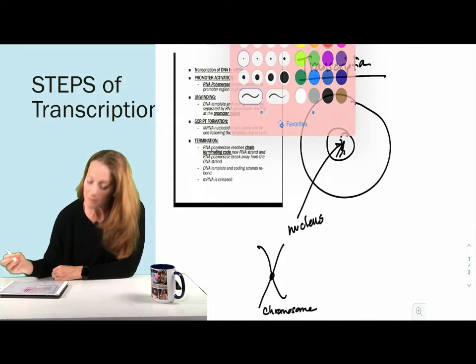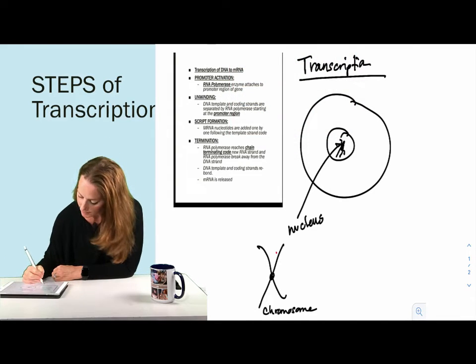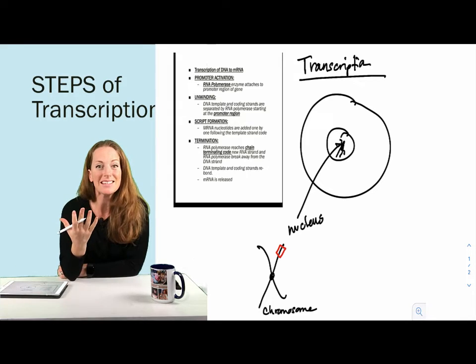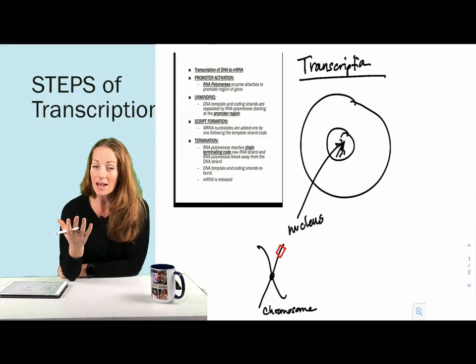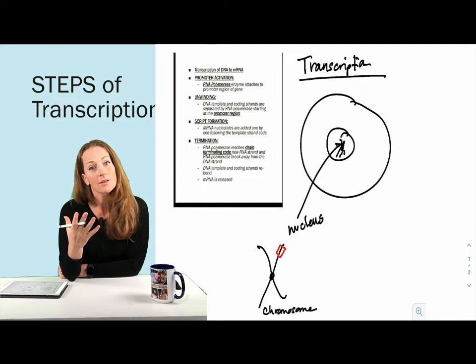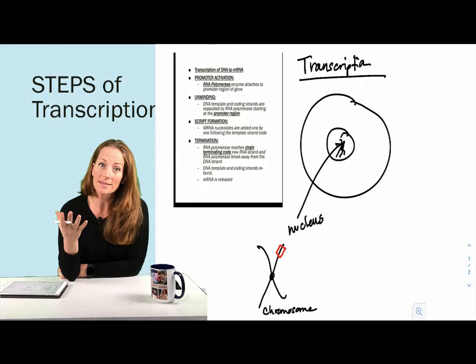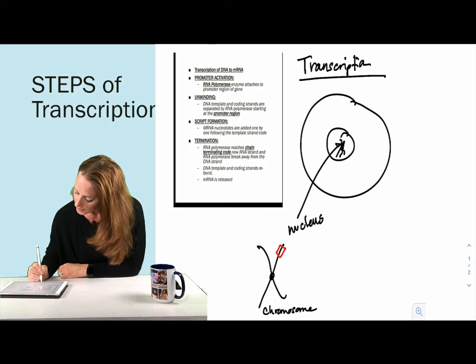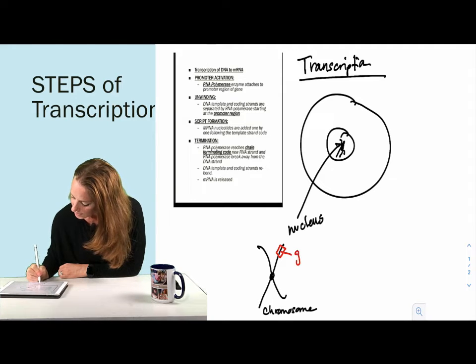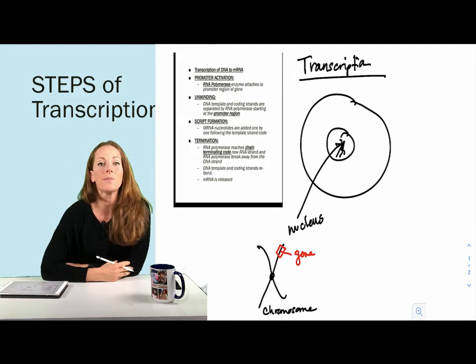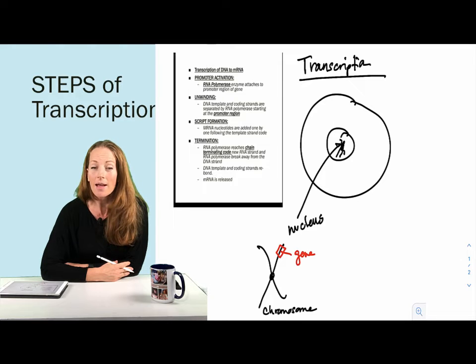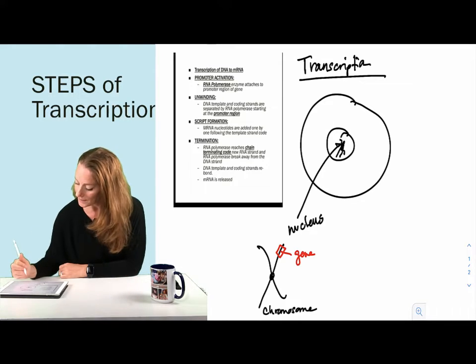And we're going to be reading just a single gene. Of course, many genes can be transcribed at any given time, but as we're thinking about transcription, we're thinking about a particular gene being expressed. So we're really looking at one gene and how it's transcribed. So here we have a single gene on a chromosome being transcribed into mRNA.